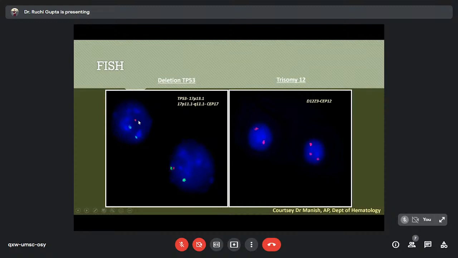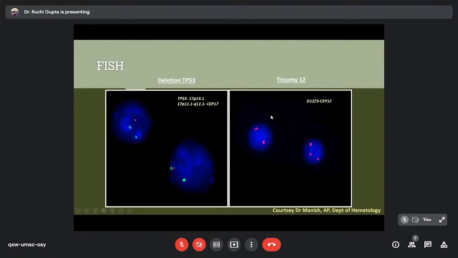We can see that one of the red signals is missing, indicating that there is a 17p deletion, but not monosomy 17. That is what he told me. Again, here you can see that the second red signal is missing. The second red signal has been used to label the 17p area, shown over here, so there is a deletion of 17p.